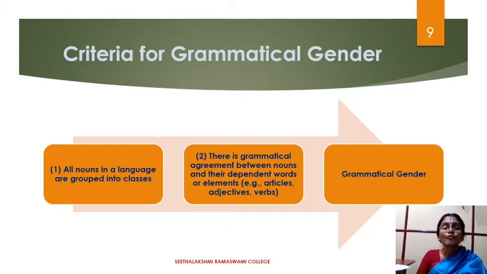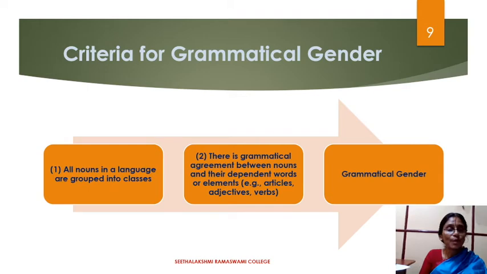Now we move on to the criteria for grammatical gender. Now what do we mean by a grammatical gender? So there is a noun and the gender of it should be, if there is a grammatical gender, it should be reflected. It should be represented by the words which precede or succeed it, which come near that particular noun.